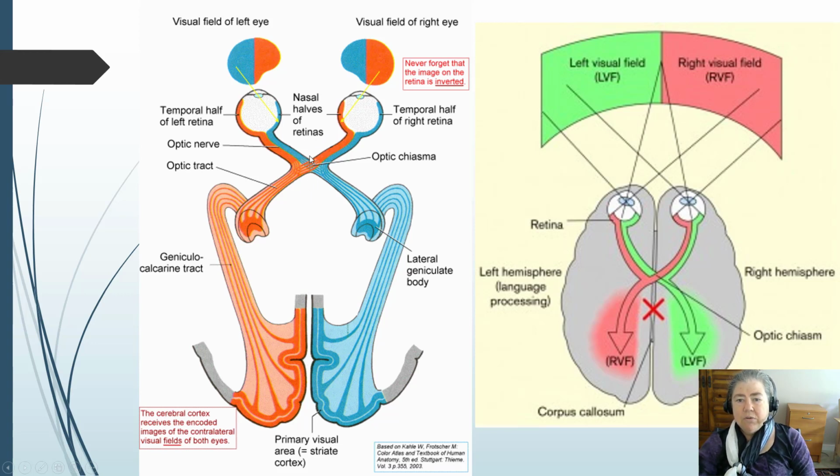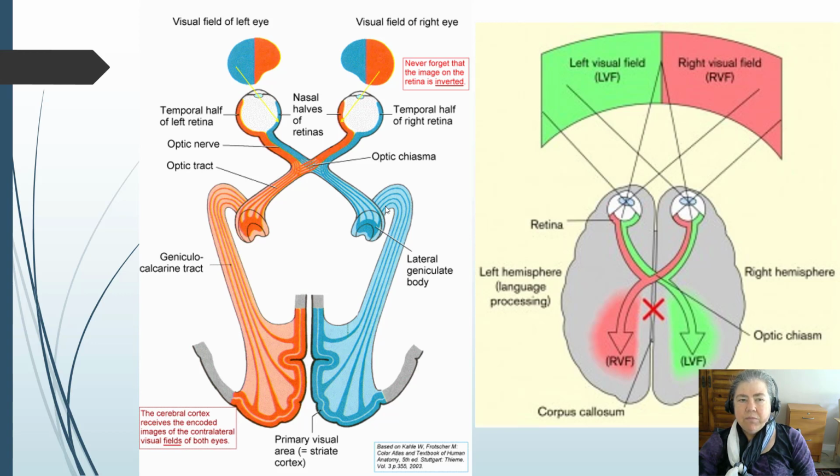All right, so here let's talk about visual fields. And again, remember that the picture itself is inverted. If you sever the optic nerve, you lose the vision from this eye. If you sever or damage the optic chiasm, what are you going to lose?